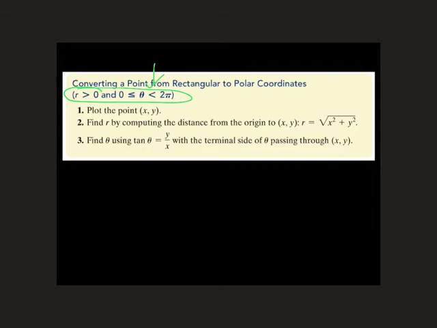All right, so the important thing is to plot the point. Guys, it doesn't have to be perfect. It doesn't have to be anything intricate. The reason you want to plot the point is so that you know what quadrant you're working in. And that does come into play in step 3. Now, finding r is pretty straightforward, guys. You're just looking for the radius of the, well, not radius of the circle, I shouldn't say that.